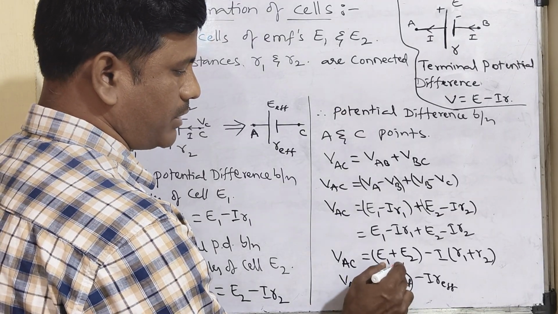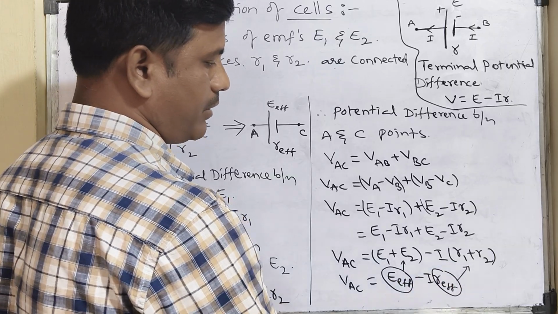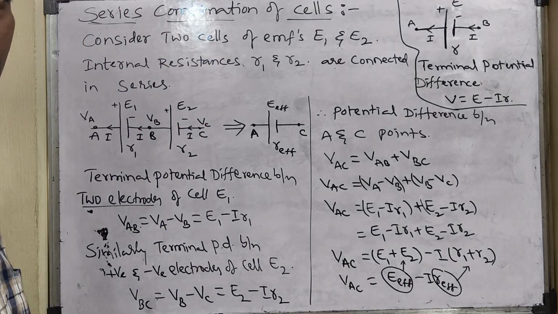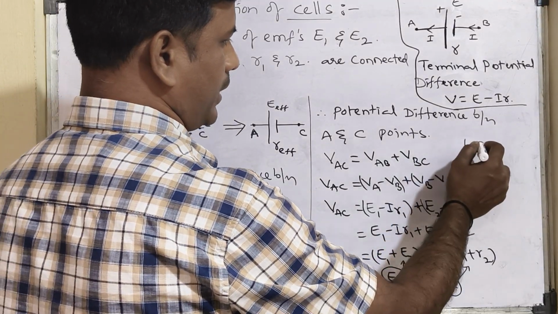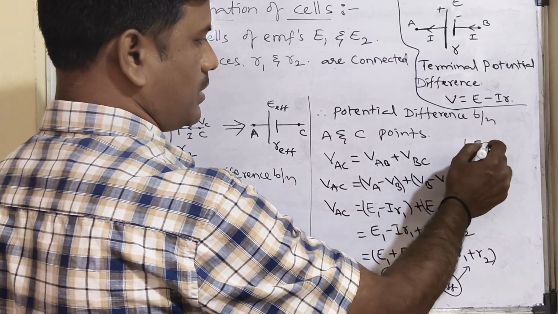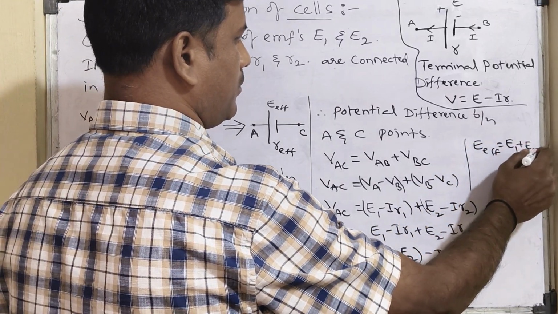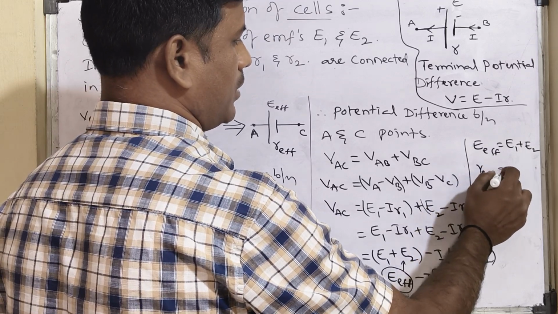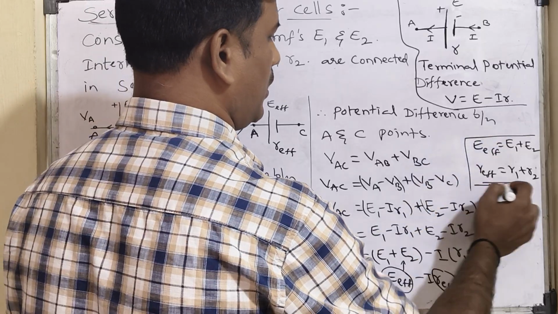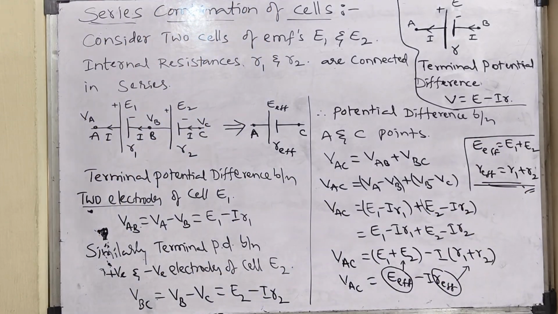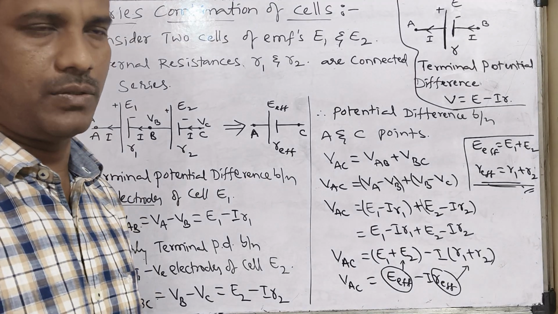E effective is replaced by E1 plus E2, and R effective is R1 plus R2. So that is the final value: E effective is equal to E1 plus E2, and R effective is equal to R1 plus R2. These are the final equations for effective EMF and effective internal resistance.